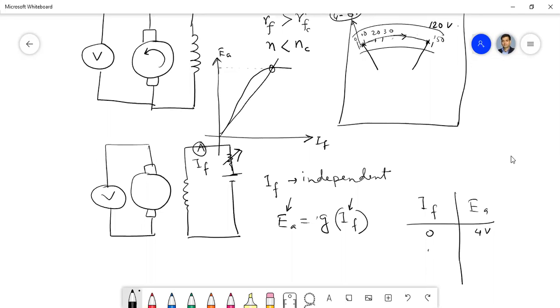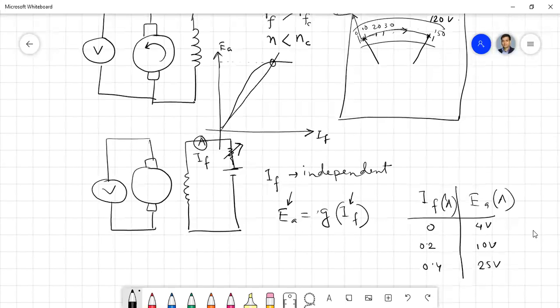Suppose IF is 0.2, you will get 10 volts. Suppose this is 0.4, you will get 25 volts. So like this, if you increase the field current, the voltage will increase.